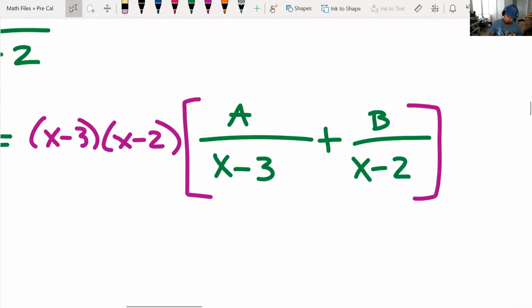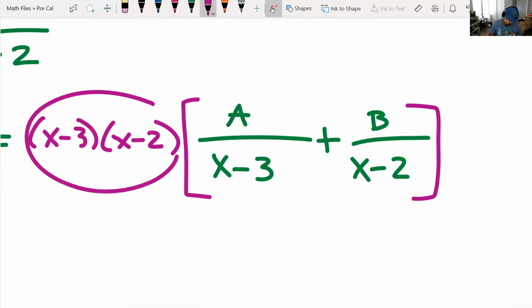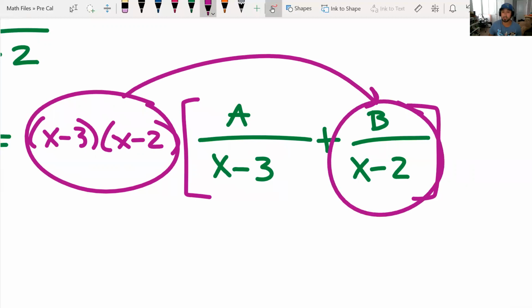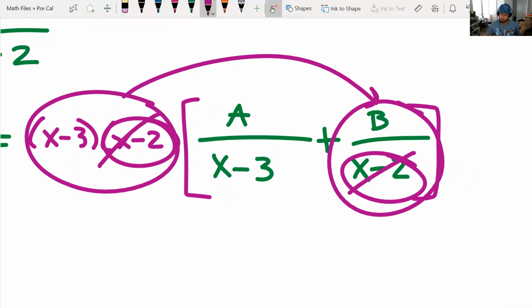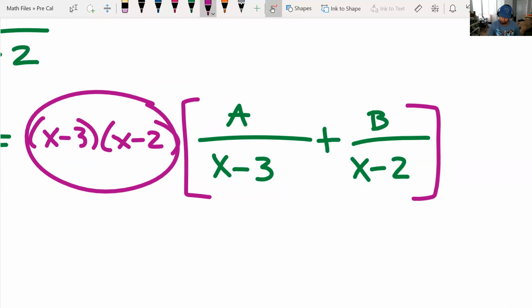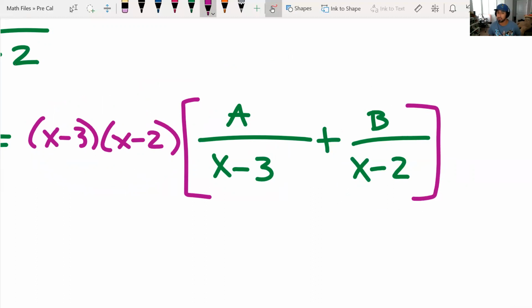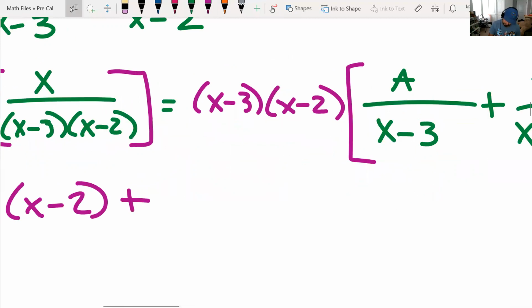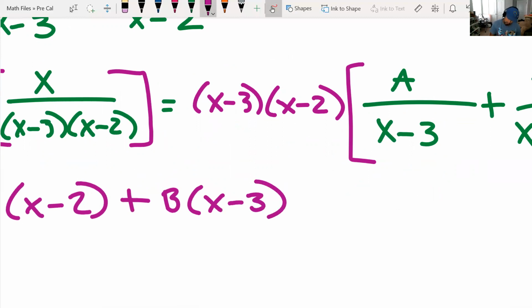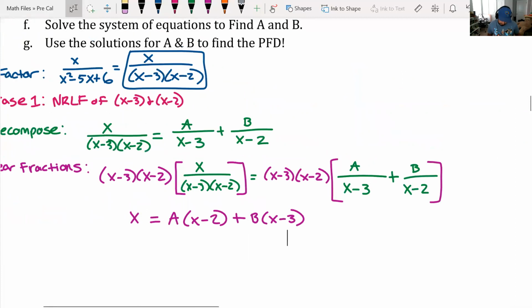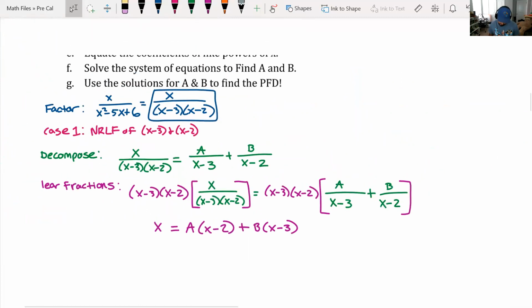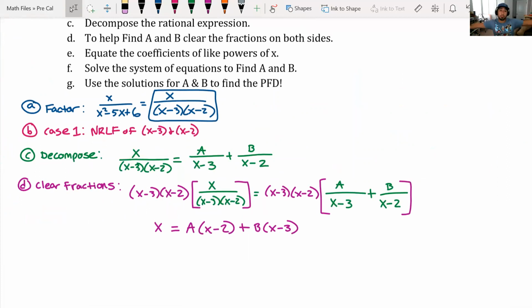And then for the next distribution, this one times this one, the only terms that cancel are going to be the x minus 2s, which means we should be left with B times x minus 3. And look at that. We have cleared the fractions out.